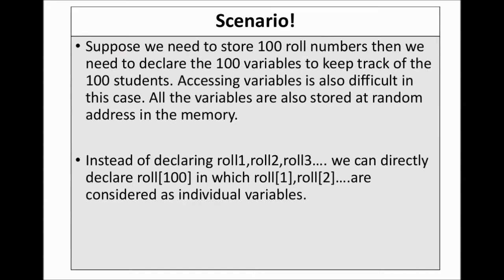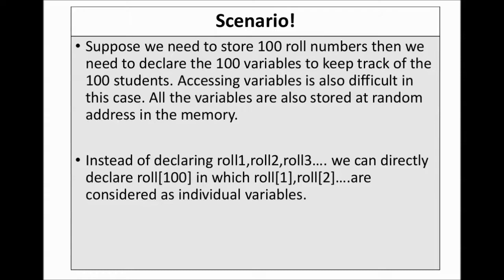So let's have another problem. Suppose we need to store 100 roll numbers. Then we need to declare 100 variables to keep track of each of the 100 students. Accessing variables is also difficult in this case. All the variables are also stored at random addresses in the memory.